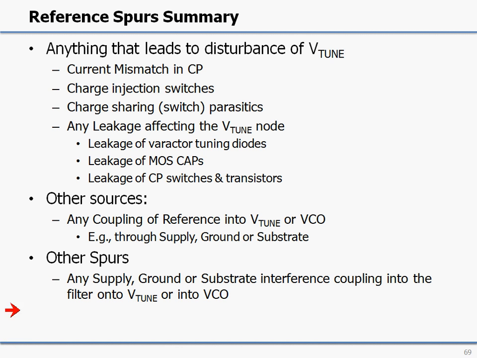So current mismatch in the charge pump, charge injection of the switches, charge sharing, leakage affecting the tune node, either through the varactors, the MOS capacitors, or even the charge pump transistors, all will lead to reference spurs. However, there are a couple of important other sources that I want to briefly point out.